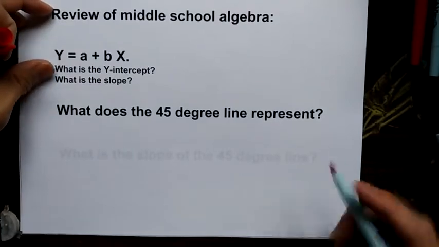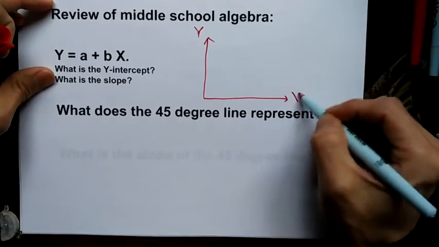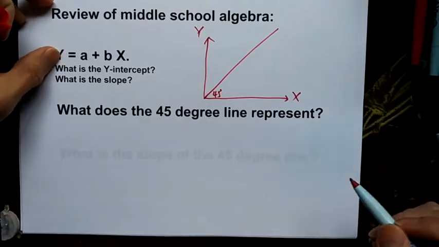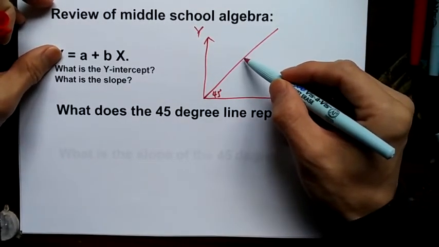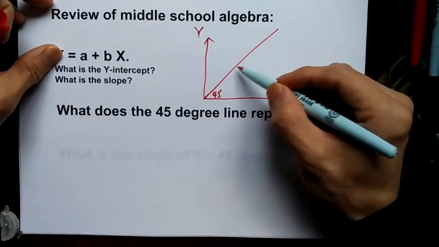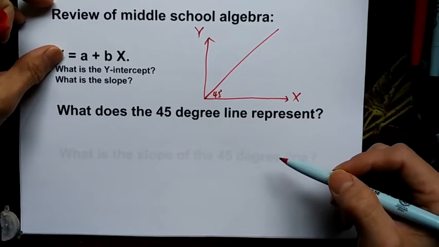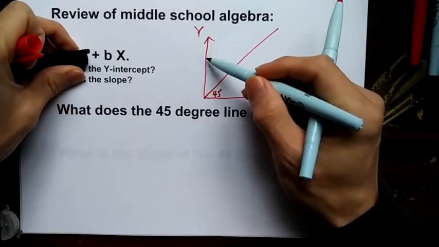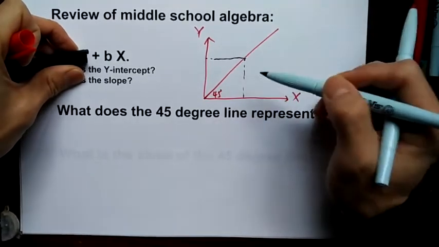One more thing. What does the 45-degree line mean? If you draw a 45-degree line, what does this line mean? What is the equation for this line? The answer is, if you have a 45-degree line, you have a right triangle here, you have a square here.